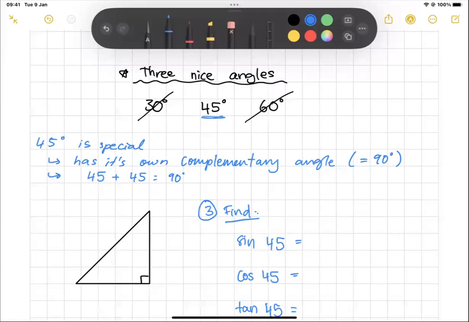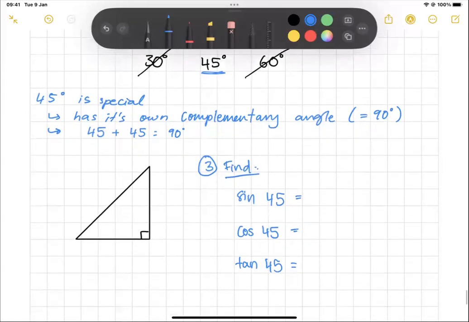Makes sense. So let's say I make another right angle triangle and I label both sides here as 1, because if the angles are exactly the same, what type of triangle do I have? I would have an isosceles triangle.